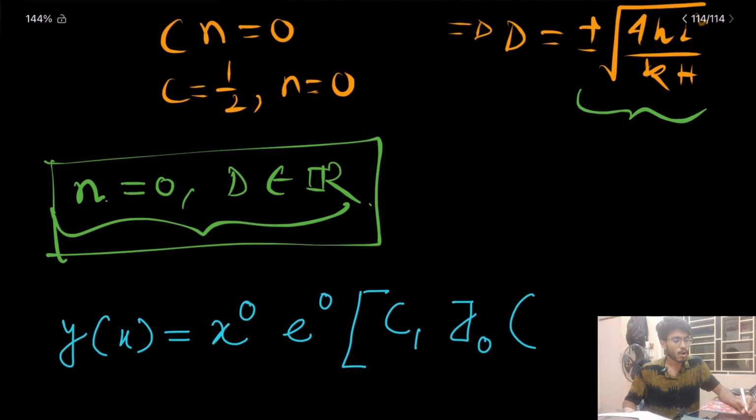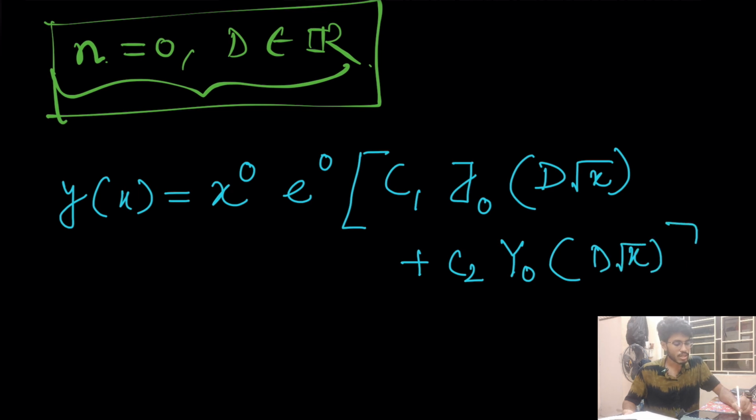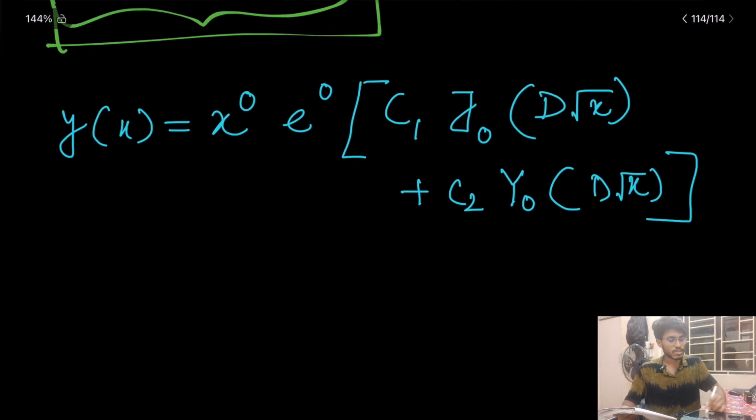Now D is what, you can consider both plus and minus, so afterwards you have to see which one you will be considering. I am writing here D and x to the power c, c is half, so this will be root x plus c2 Y of 0, again D x to the power half, that is root x. So this is the solution.